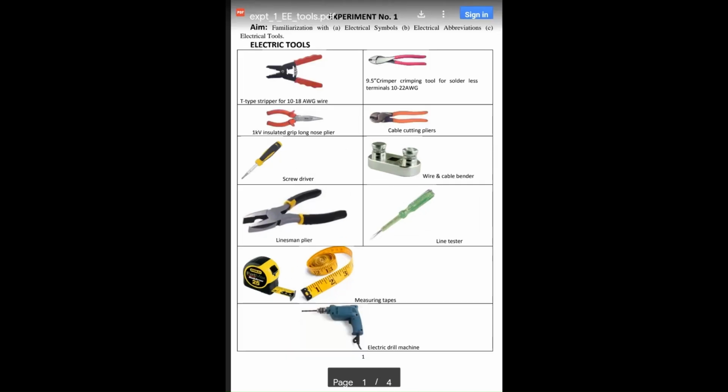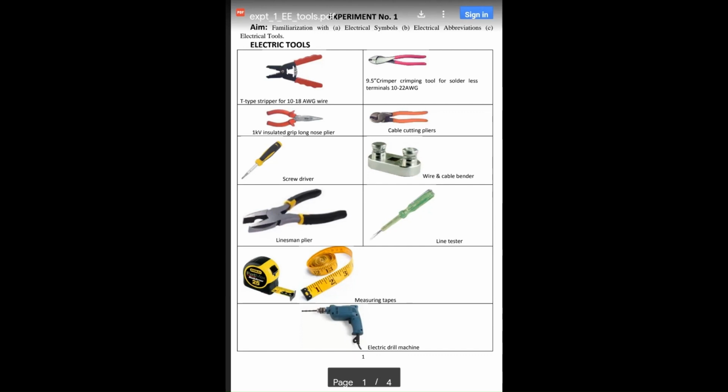requirements. The electrician who generally visits our home carries the plier. That plier could be the common plier, or the linesman plier as it is called, or it may have some special pliers which are meant for specific purposes.